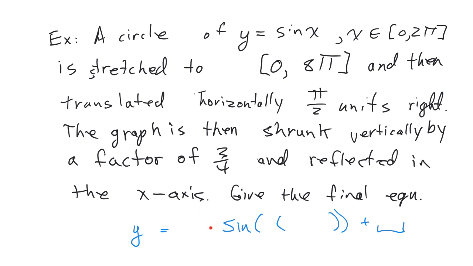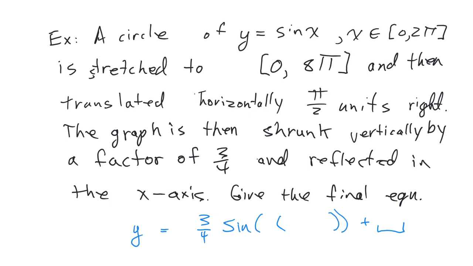Remember, the start will tell us how much our graph is stretched up and down. When we look into this equation, we said that it shrunk vertically by a factor of 3/4, so we're going to write 3 over 4 as the amplitude for our sine function. Then our graph has been stretched from 0 to 2 pi, to 0 to 8 pi.